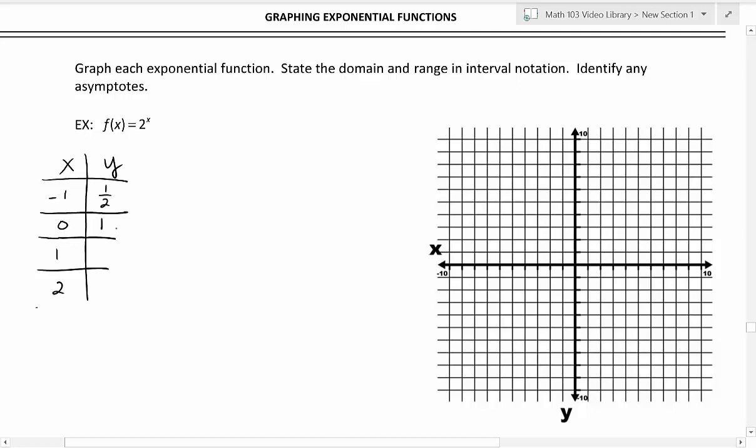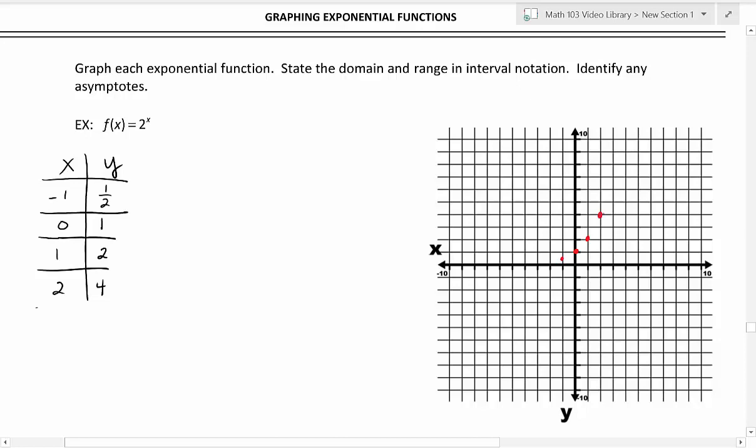Plugging 1 in, 2 to the 1st is 2. And lastly, we have 2 to the 2nd, which is 4. So here are our 4 ordered pairs that we're going to plot. -1, 1/2, 0, 1, 1, 2, and 2, 4.